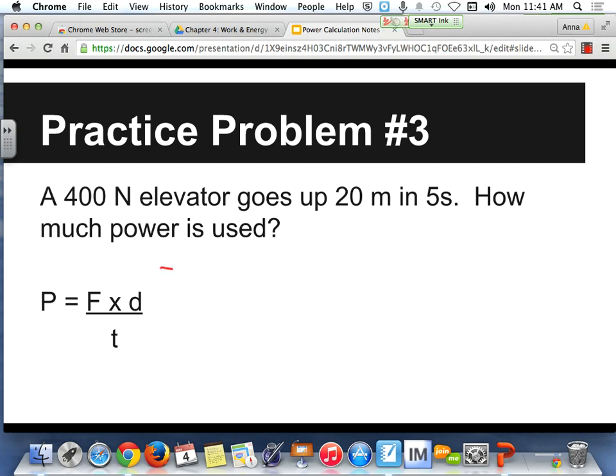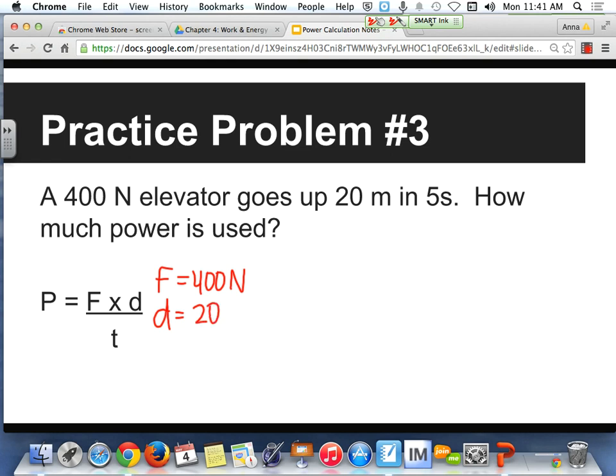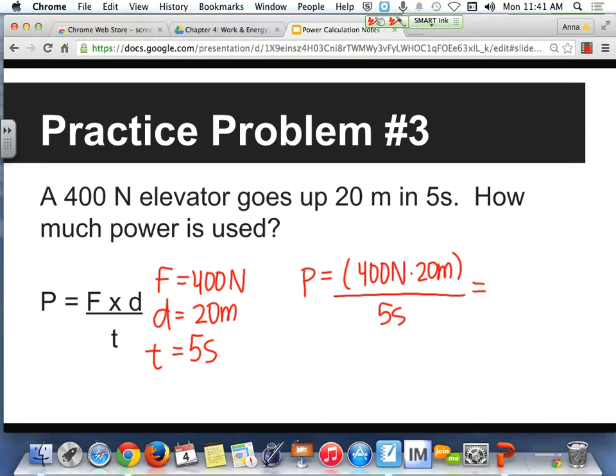So our force, we've got a 400 Newton elevator going a distance of 20 meters, and it's taking 5 seconds. So we'll find our work first and then divide it by how long it took.